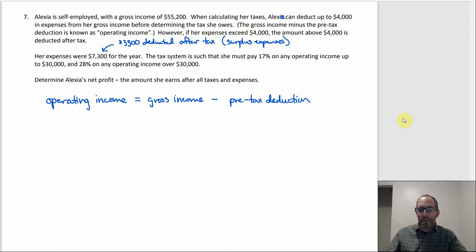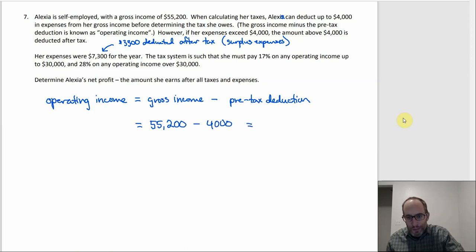Her expenses exceed that, and that's as high as you can go, so that's what it's going to be here. So the gross income was 55,200, and then we're going to subtract 4,000. So that means that the operating income must be 51,200.